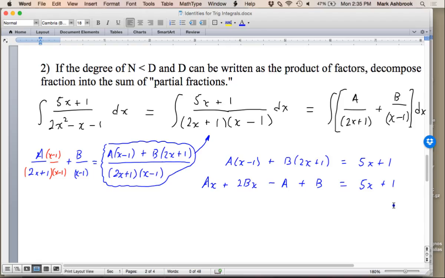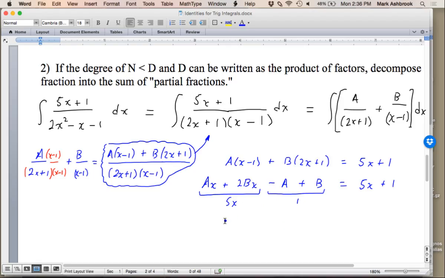So I just multiplied out that thing, and I'm gathering together my x terms and my constant terms. So notice I got Ax plus 2Bx, and I got 5x over here. So what does that mean? That means that this whole thing right here has to equal 5x. And this thing right here has to equal 1.